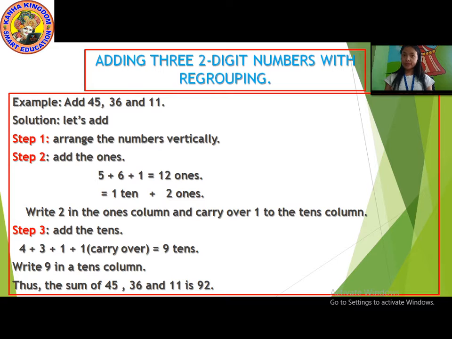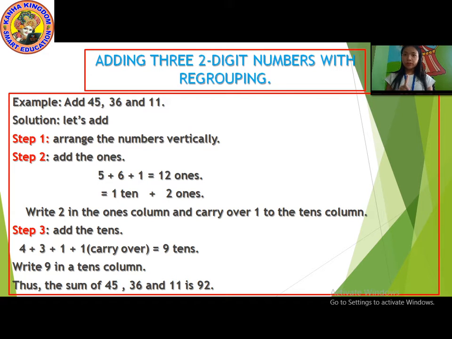So we should add these 3 numbers, 4, 3 and 1. But don't forget that in the second step we carried over 1 ten to the tens column. 1 is also there in the tens column. So we should add this one also here in step 3.